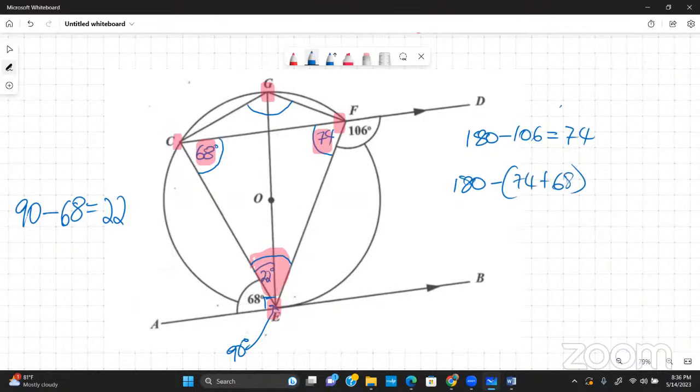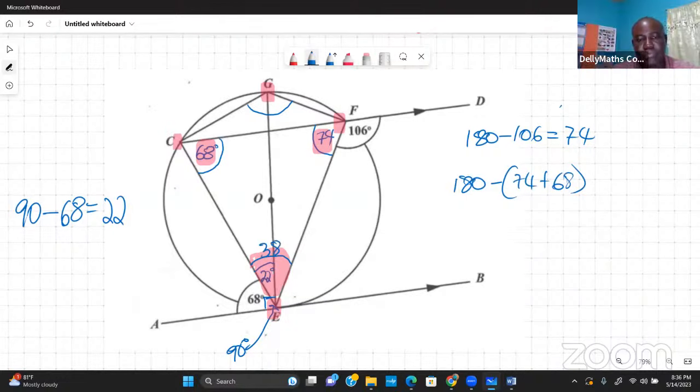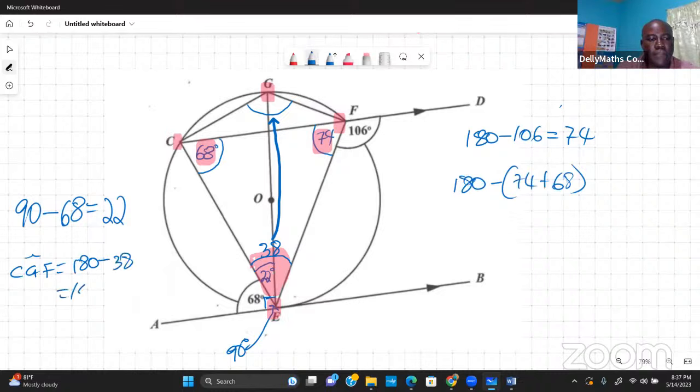Thank you. This is 38. That means the angle opposite to it, which is what the question is now asking, that angle CGF is 180 minus 38, and you get 142.